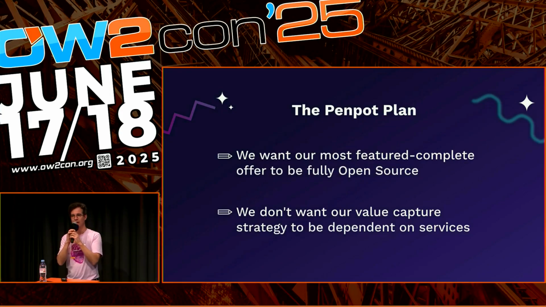Now, this is the Penpot plan. Now you have a bit of context. The Penpot plan is this one. We want our most feature-complete offer to be fully open source, and we don't want our value capture strategy to be dependent on services. So this creates a brutal tension, because we don't want to capture value from the open source product, and we don't want to capture value from added value services.